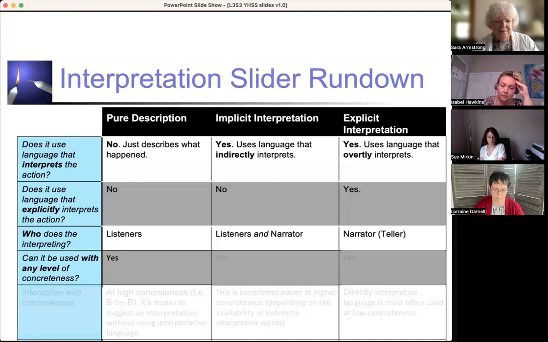Yes. Pure description can be used at any level of concreteness, and can implicit, as can explicit. So the level of concreteness and the level of description, interpretation, are independent of each other. You can have something in any of these three bands that goes with any level of concreteness. And that's cool.